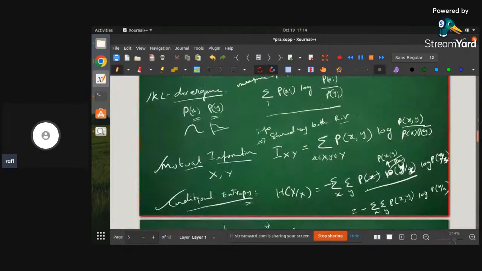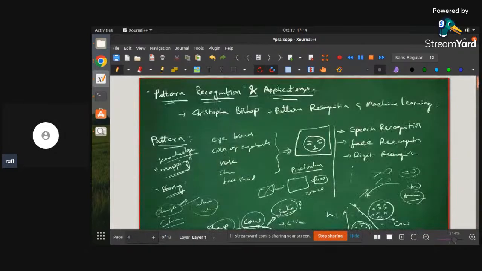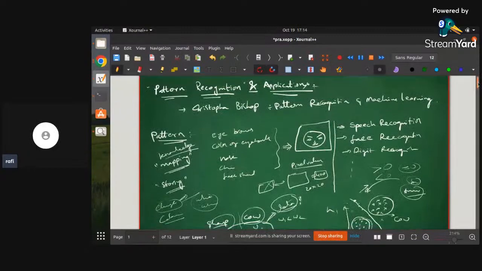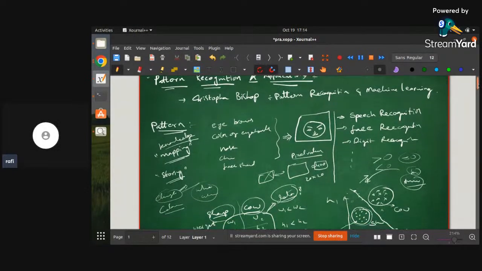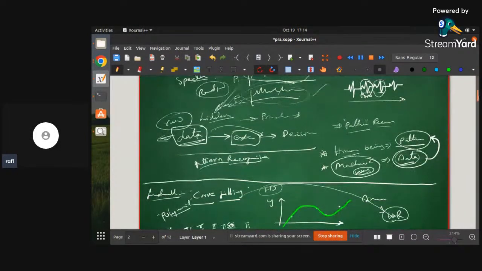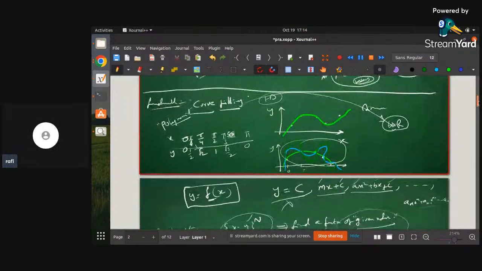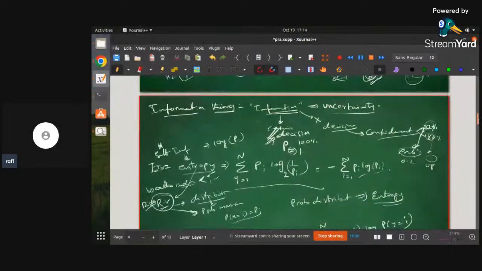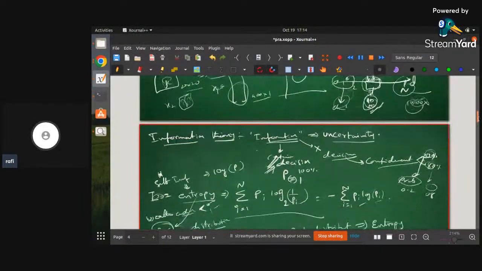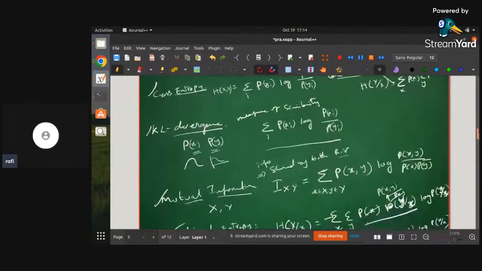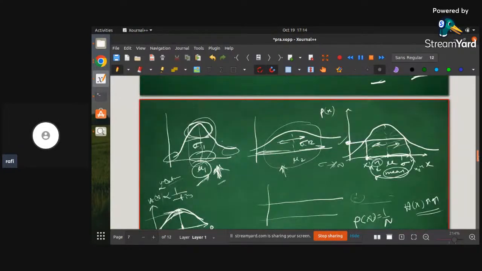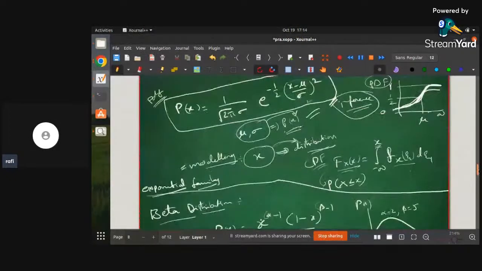So go through all these fundamentals, starting from the definition of pattern recognition, what is a pattern, and then fundamentals of curve fitting. I will share the content for curve fitting, information theory, and the various distributions.